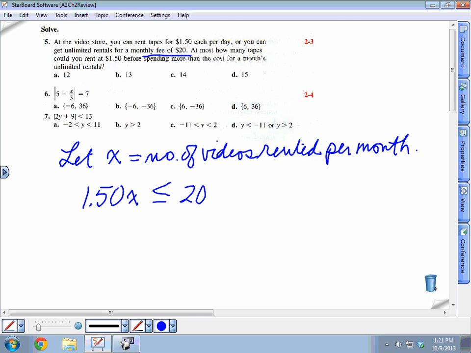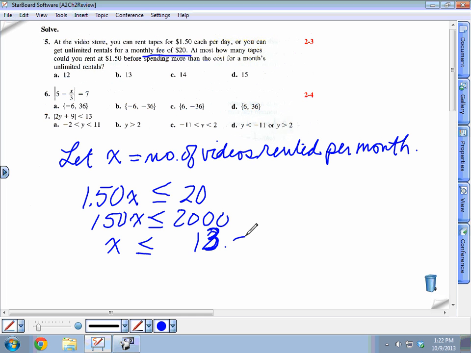Now, how many can I buy? If you multiply through by 100, and then divide by a positive 150, how many times does 150 go into 500? 13 point something.